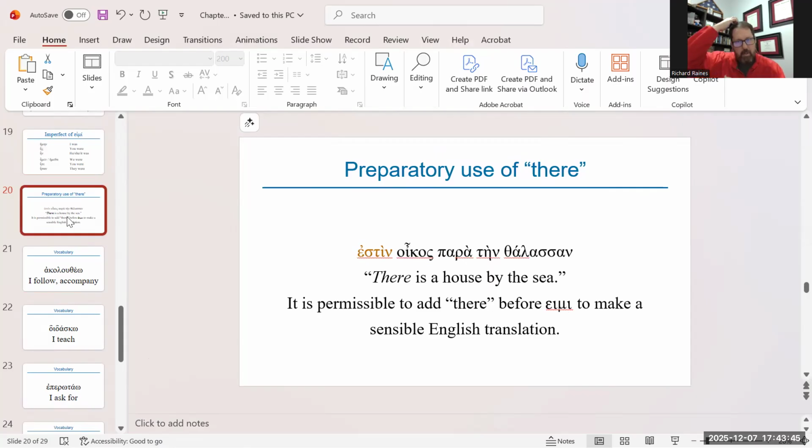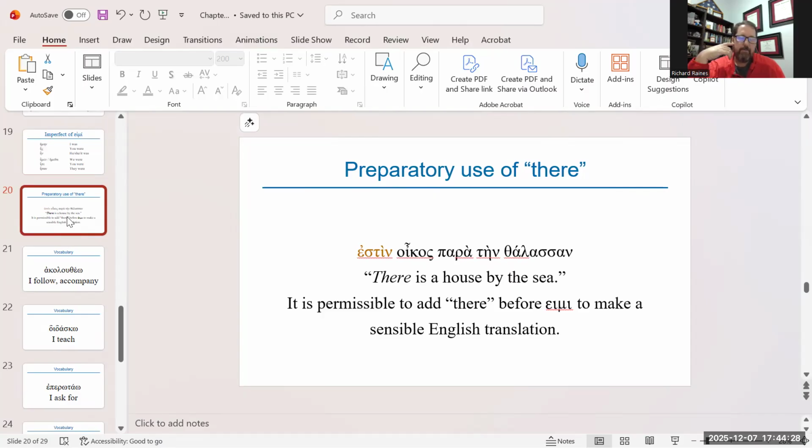One last thing, when it comes to translating eimi, it's permissible to add the English word "there" when you're making your translation. The example that he gives is Estin oikos peri tēn thalassan. There is a house by the sea, not just "is a house by the sea," right? Adding "there" helps to make that English translation.